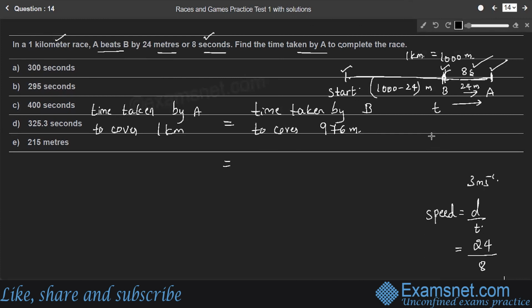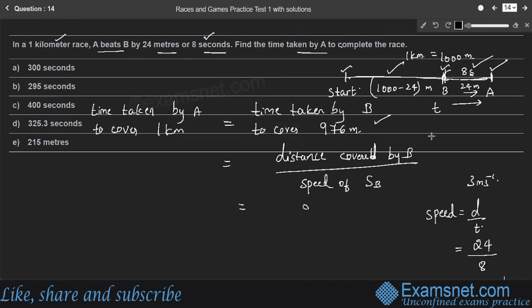Now come back to the solution. Time taken by B can be expressed in terms of speed and distance. Therefore, time taken by B is equal to distance covered by B divided by B's speed. Since speed is constant, distance covered by B is 976 meters and B's speed is 3 meters per second.